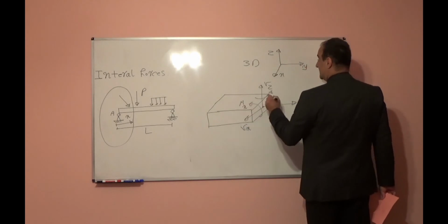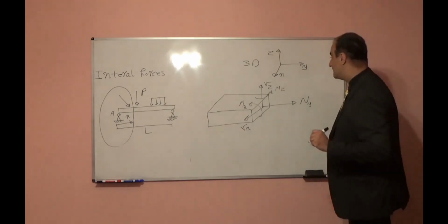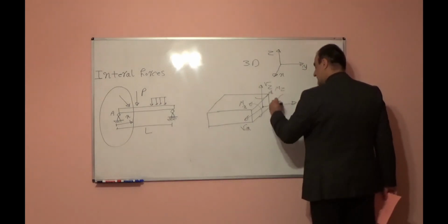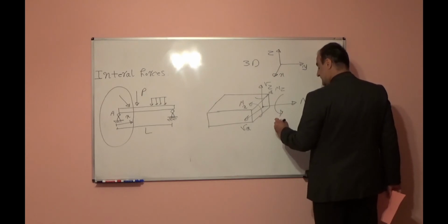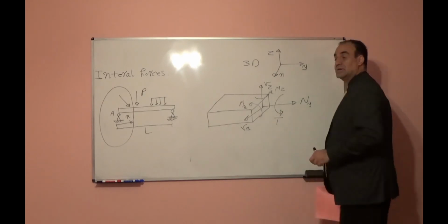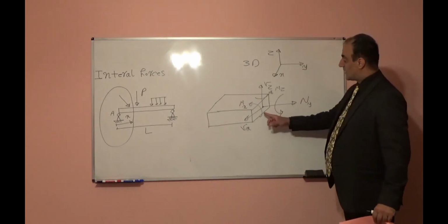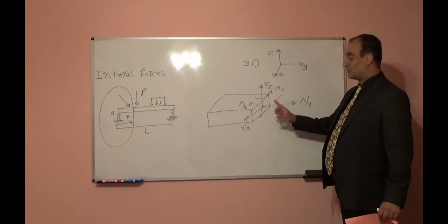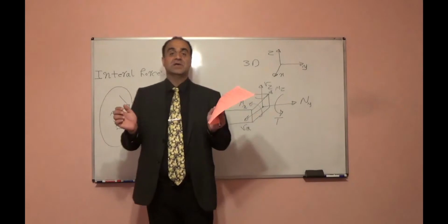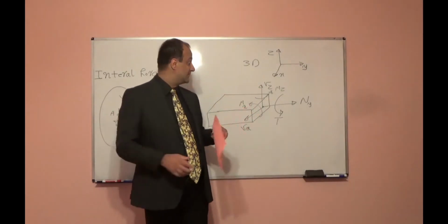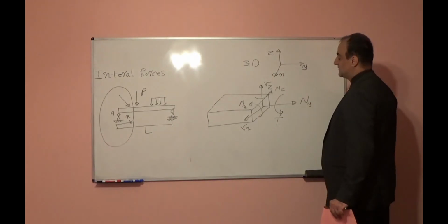This is Mz, and I will have one torque, another type of moment. We show it with T usually, because it creates torsion in the member. So I will have three moments. Two of them are bending moments because they try to bend the member. One of them is torque because it creates torsion in the member.